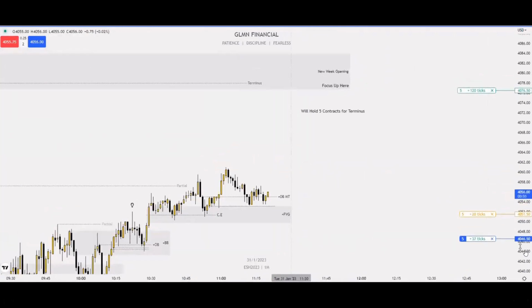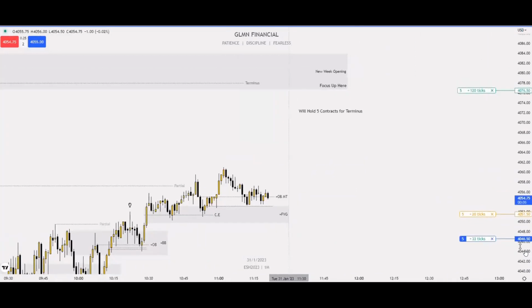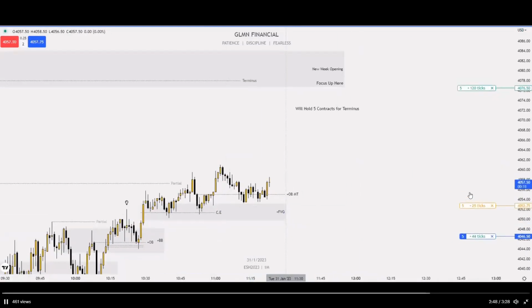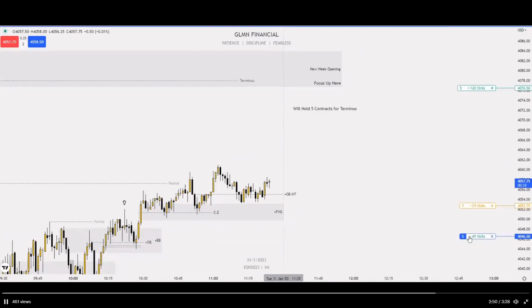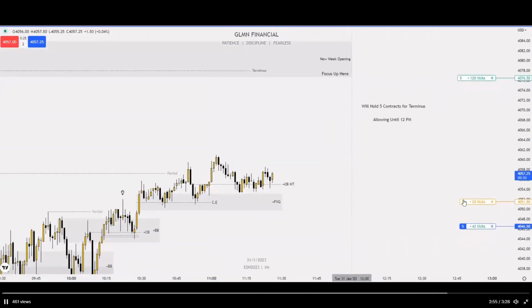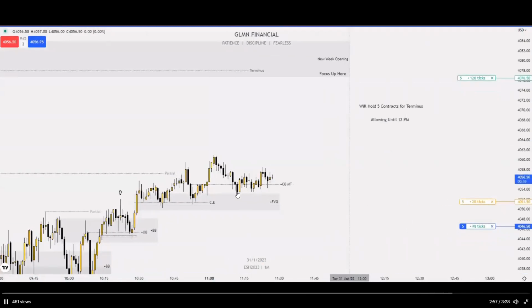This is why you're seeing things kind of stay around and cut through. Notice how my stop loss is now 25 ticks. It started at 7 and it's slowly making its way up. I'll move it down a little bit sometimes because I don't want it to take me out.